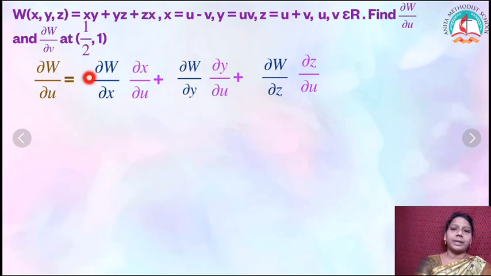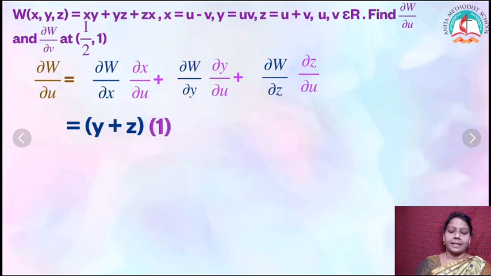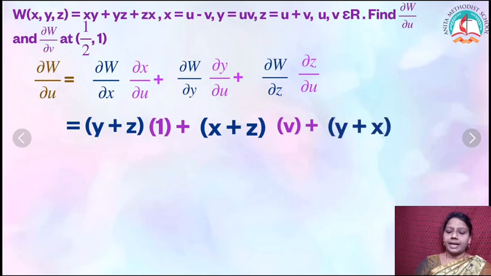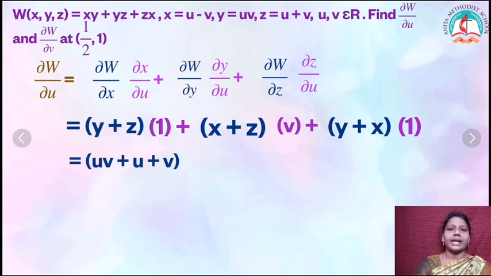What is dou w by dou x? I have to differentiate with respect to x. So what is the differentiation? If I am differentiating it, y plus z. What is dou x by dou u? U's differentiation is 1. So similarly, dou w by dou y, I am differentiating, and then dou y by dou u. And again, we are differentiating it like this. So if we are taking a common value, then here we are substituting x, y and z.